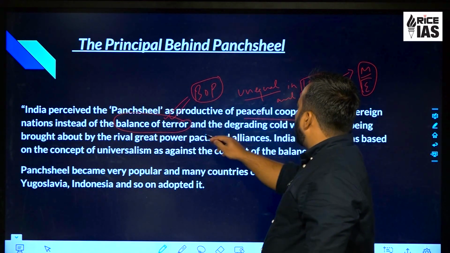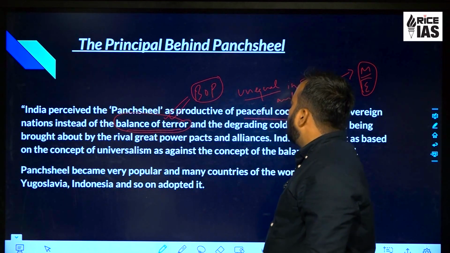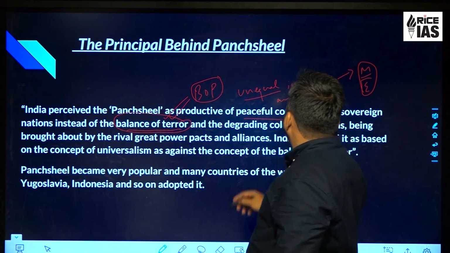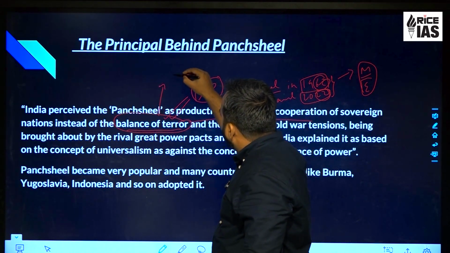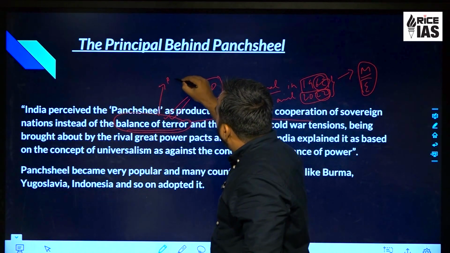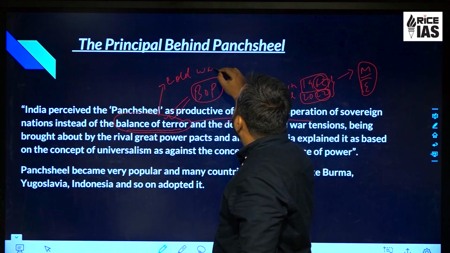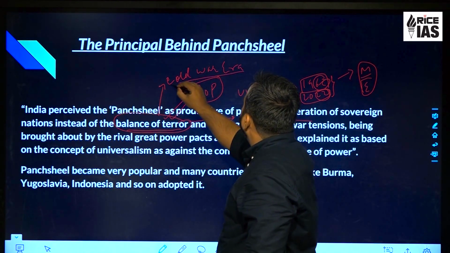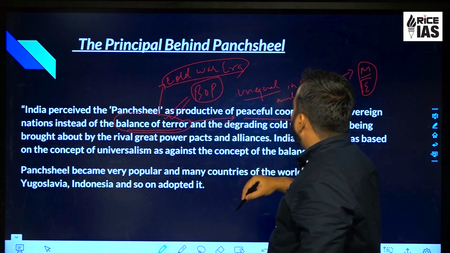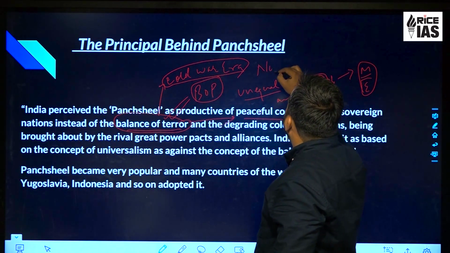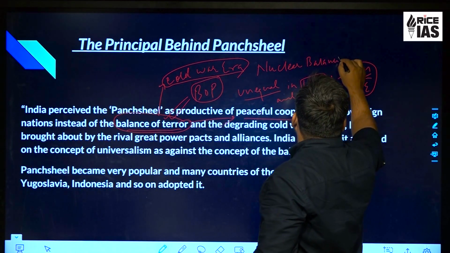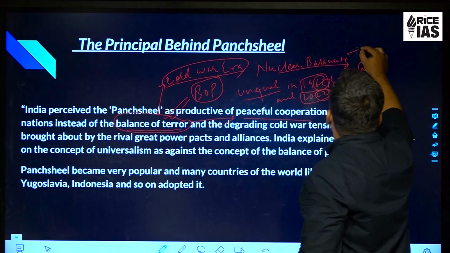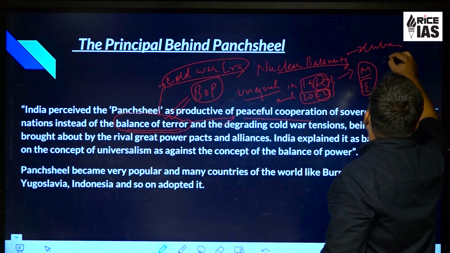All right. So, balance of terror is to be replaced with peaceful cooperation. Balance of terror was the key idea during the Cold War era. And this balance of terror was actually nuclear balancing, which precipitated into the Cuban Missile Crisis.